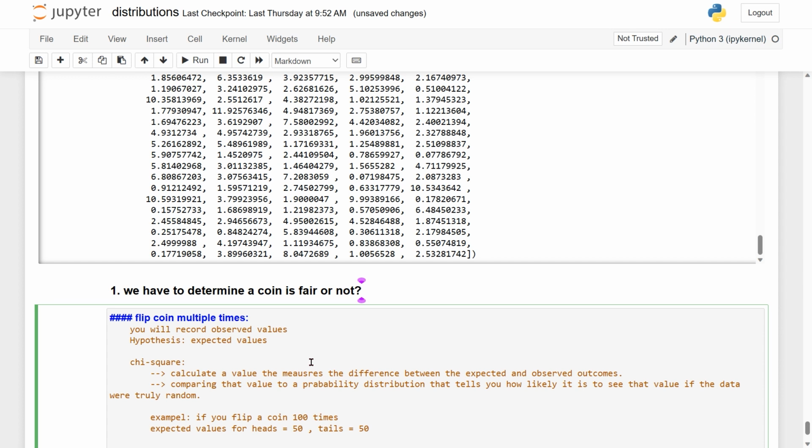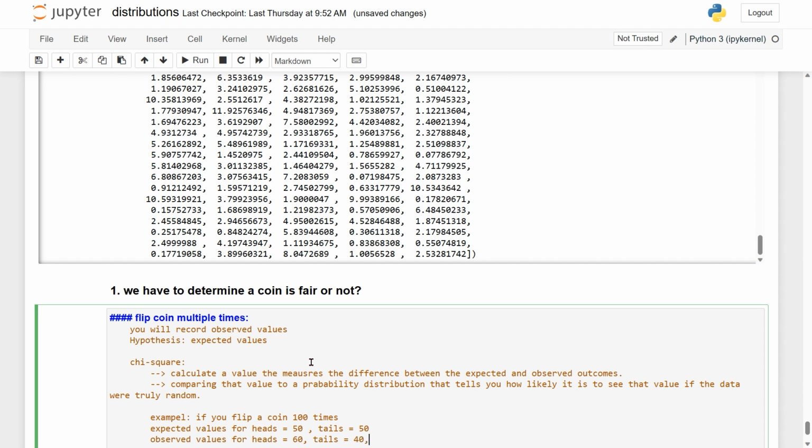But actually the observed values that we got for heads is equal to 60, and for tails it is equal to 40.